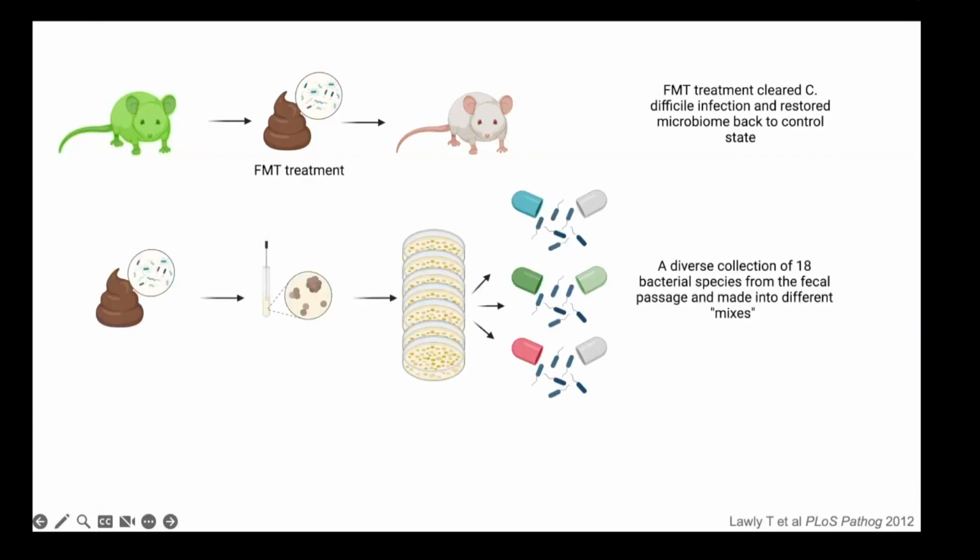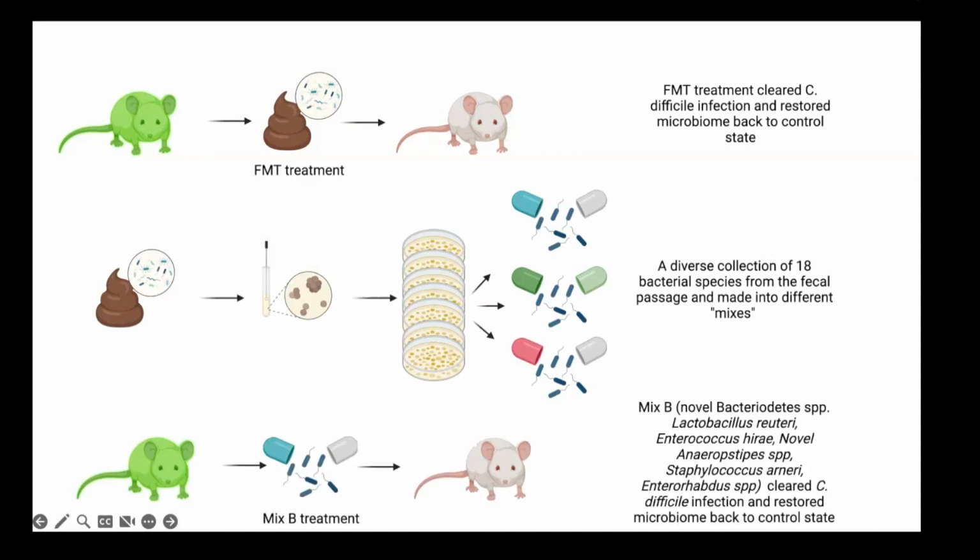But then they also took a diverse collection of 18 bacterial species from that FMT. They took the stool they had specifically used, isolated 18 different species, and made them into different mixes. They then treated the C. diff mice with some mixes, and they found one mix in particular, which they called mix B, cleared the C. diff infection and restored the microbiome back to a control state.